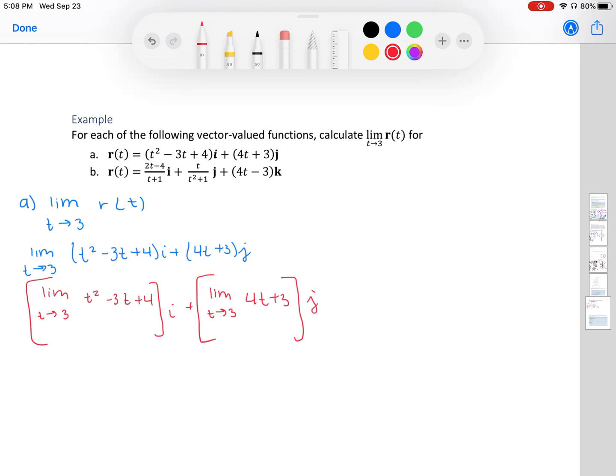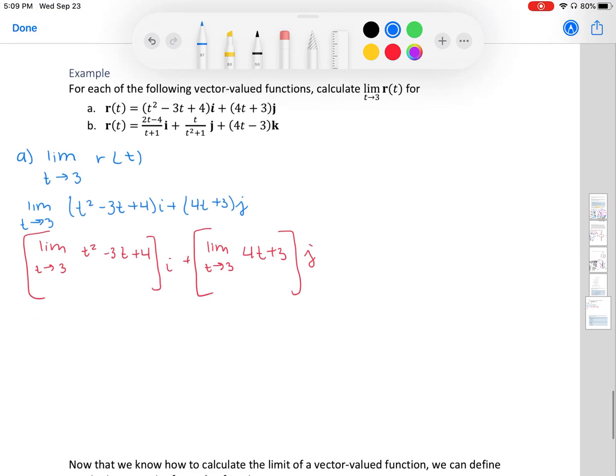Cool. Now I can apply the limit for each one. So for this one, it's not an undefined value. We can just go ahead and plug it in. So once we evaluate, we get 3 squared minus 3 times 3 plus 4, i plus 4 times 3 plus 3 j.